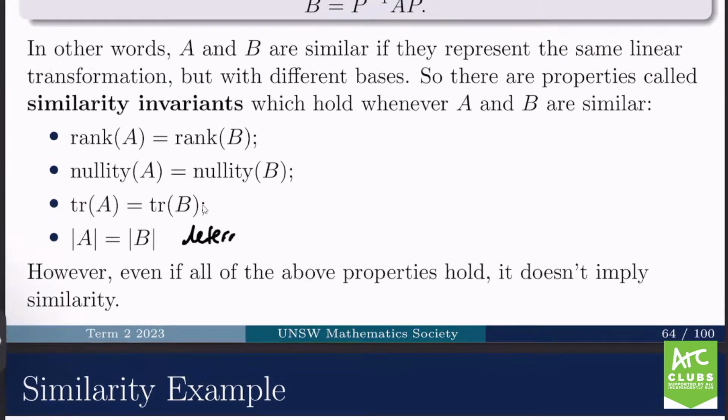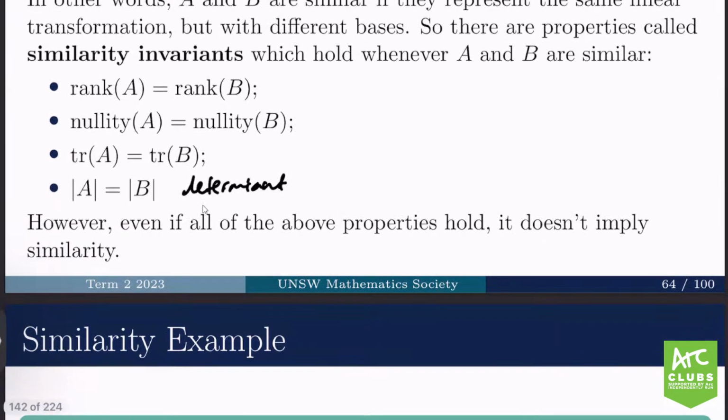Remember that the trace is just the sum of the diagonal elements. Now, if all of these properties hold, it doesn't necessarily mean that the matrices are similar, because there may be matrices that have all of these properties the same but aren't similar. So these are only really useful for proving that they're not similar.